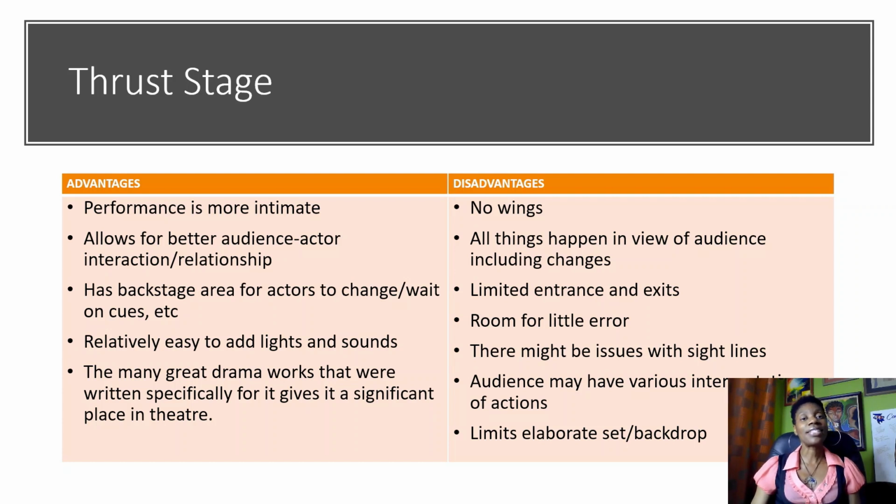If they stand facing the right of the stage, it means their backs will be turned to the audience on the left. So wherever you take it, their backs will be turned at some point, and this then affects how the audience will interpret the action on stage. And so another disadvantage is that the audience will have various interpretations of the actions on stage.